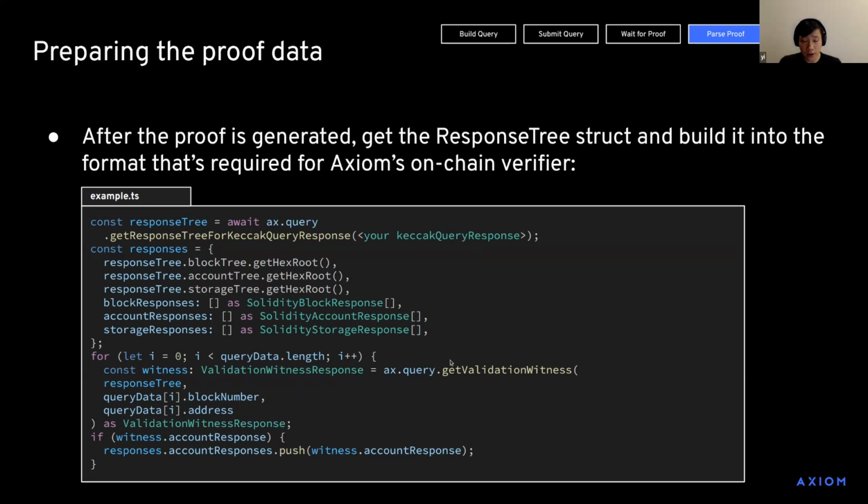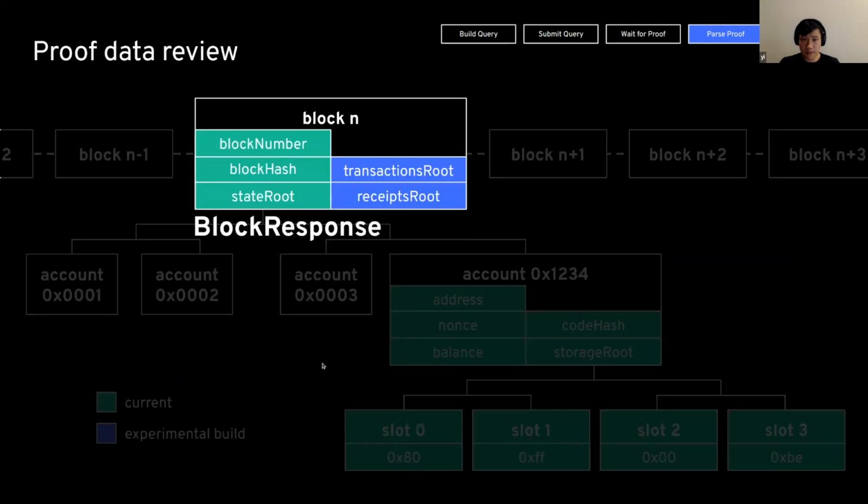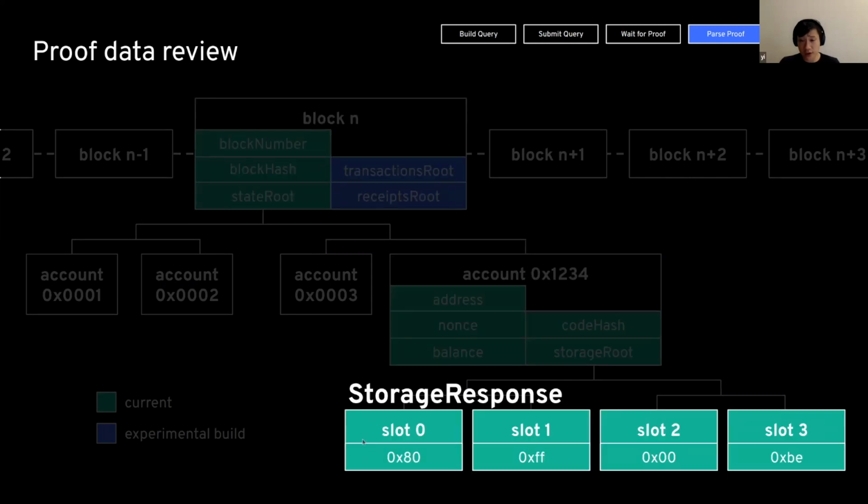And then we are getting the witnesses, this get validation witness function, for proving Merkle proofs into the Merkle roots of this tree. And so in this case, we care about the account response because we care about proving properties of different accounts. So other options we'd have here are data about blocks, accounts, or storage.